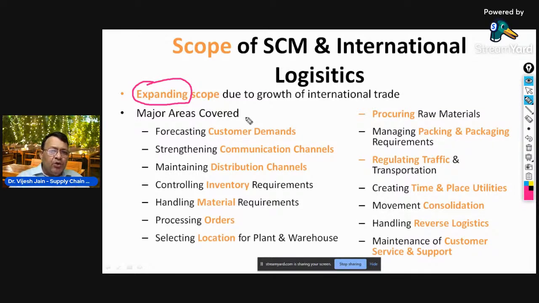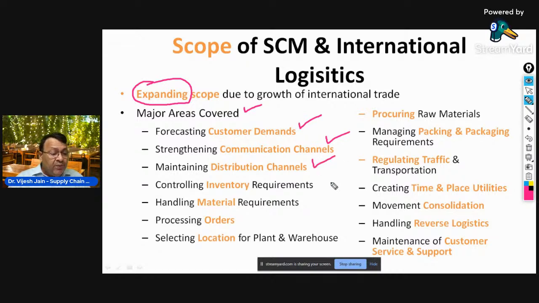So when we say international logistics and supply chain management, we are talking of the myriad of activities that are now involved with the supply chain management and international logistics. What has happened is that the areas that are majorly covered in supply chain management and international logistics in present times include things like forecasting customer demand, strengthening communication channels, maintaining distribution channels.